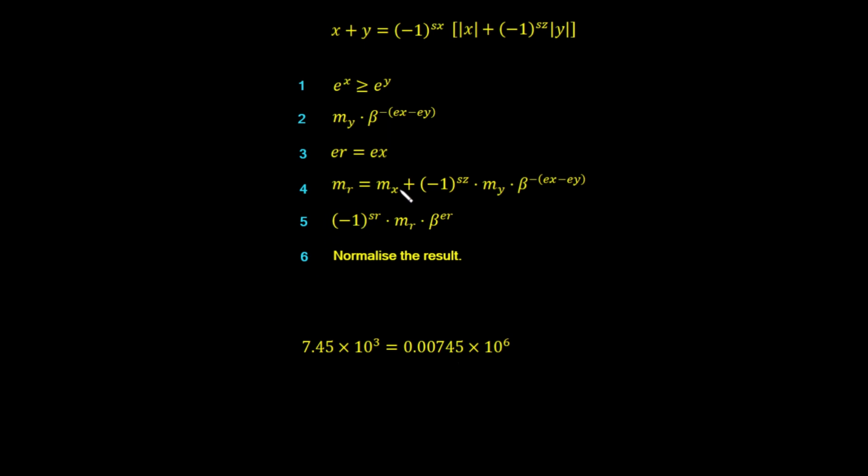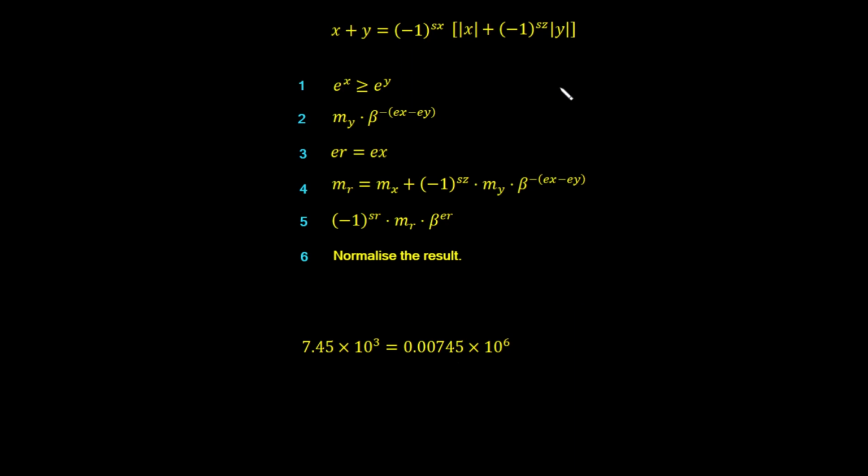So this is the final answer here, but we're also going to have to normalise this in certain situations, and we'll look at the normalisation phase as well over the next few videos. But this is the basic algorithm that we're interested in.